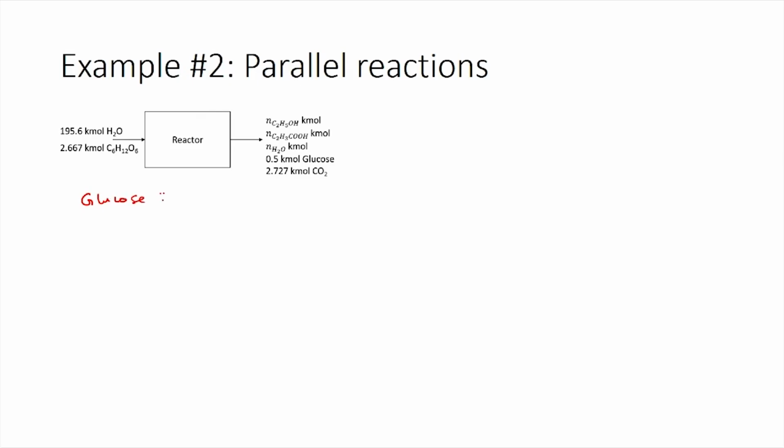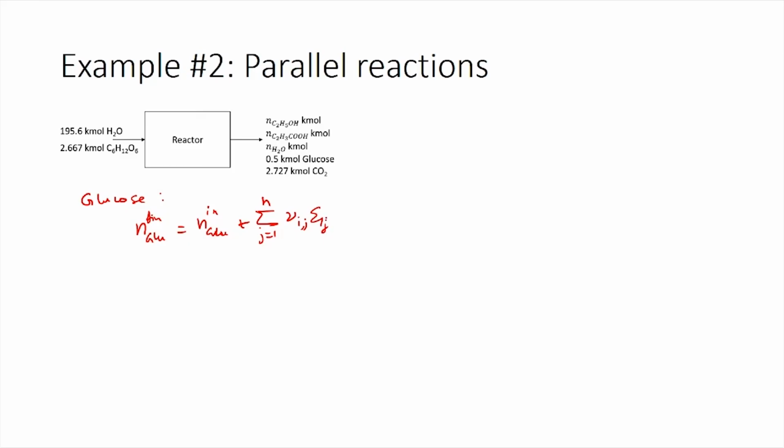The glucose balance would look like this. You have glucose final equal to glucose initial plus sigma of j equals 1 to N, nu ij, the stoichiometric coefficient, times the extent of reaction for reaction j.